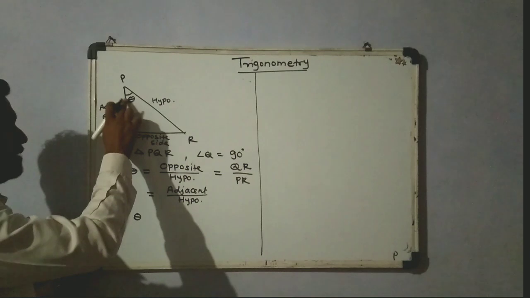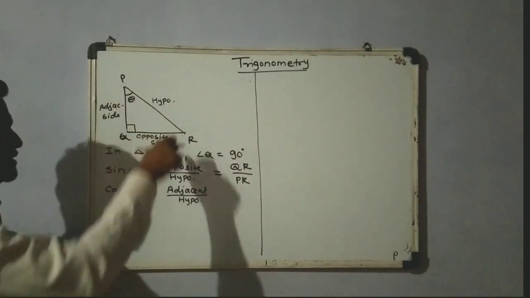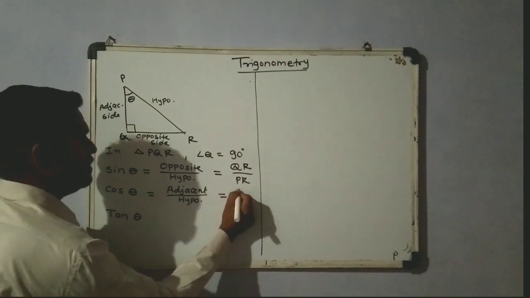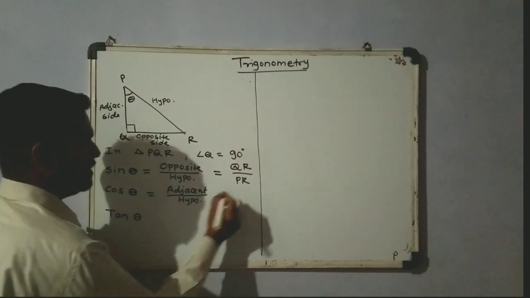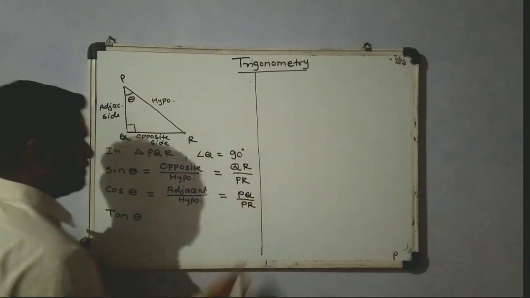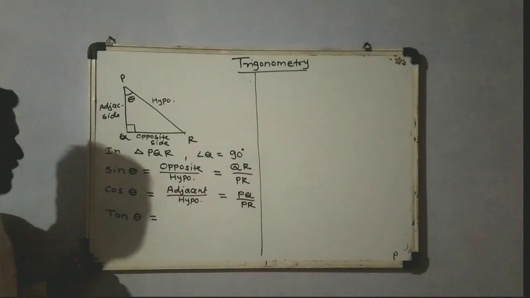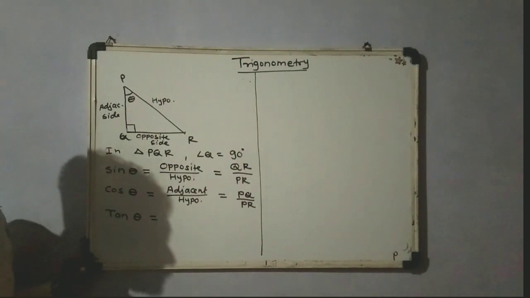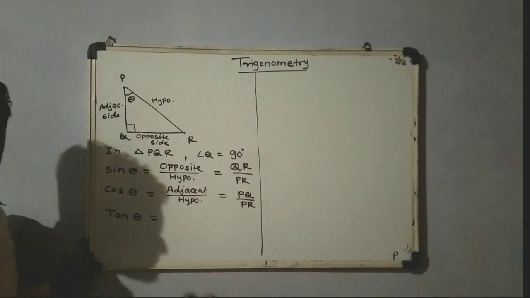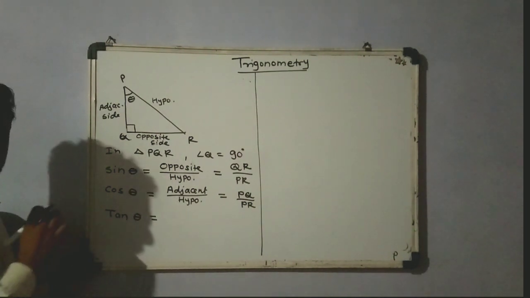So I choose angle P as theta. Its adjacent side is PQ and its hypotenuse is PR. So this ratio becomes PQ divided by PR. Okay. So tan theta. Tan theta is nothing but the ratio of sine theta and cos theta.